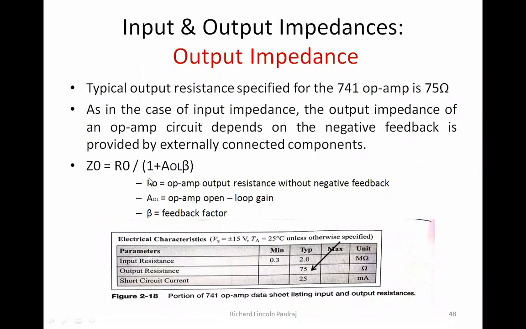Here R0 refers to the output resistance without negative feedback, AOL refers to the op-amp open loop gain, and beta is the feedback factor, which we usually take as 1. So when an output impedance question is asked, you can say it's in the range of 75 ohms. You can put the formula and say what R0, AOL, and beta are.